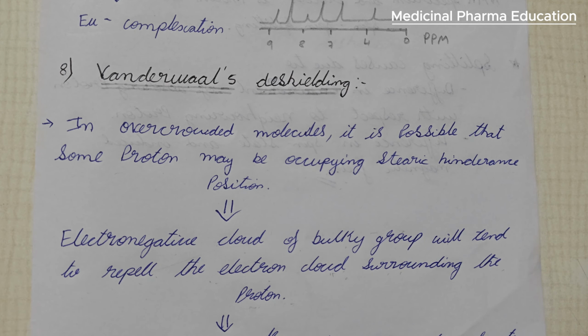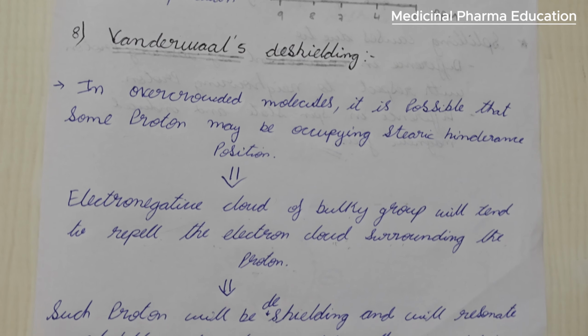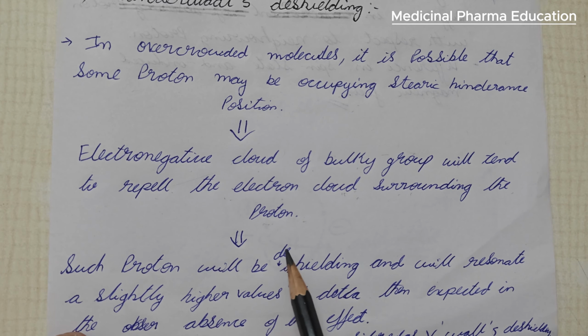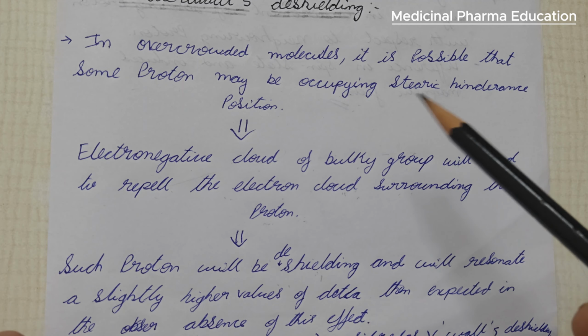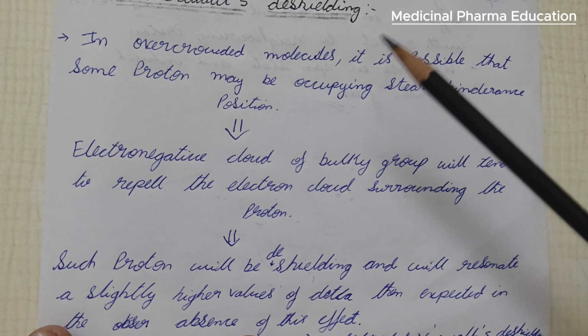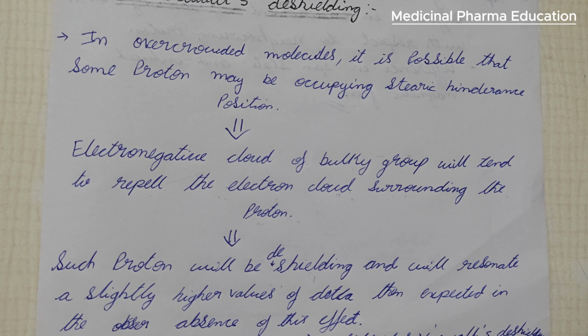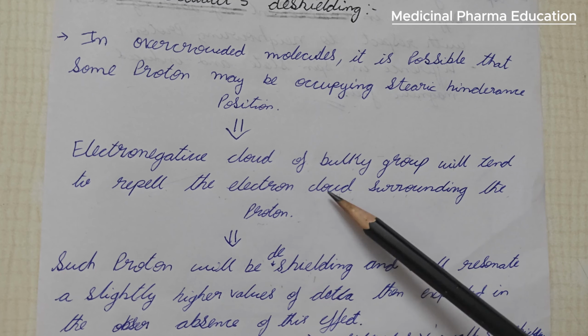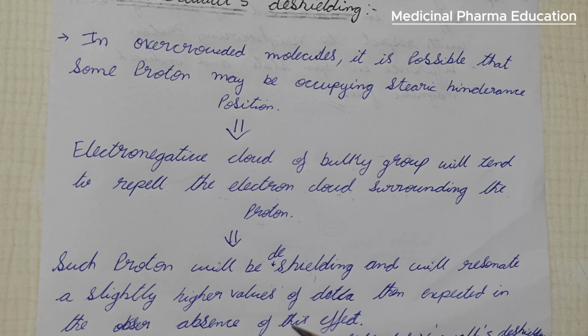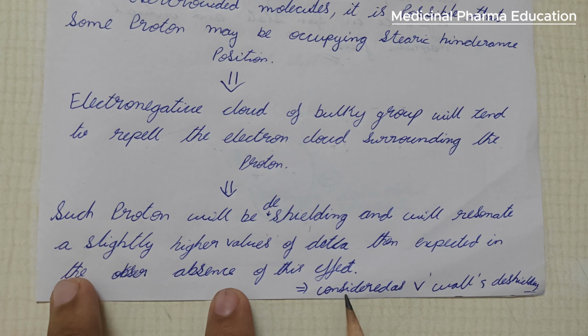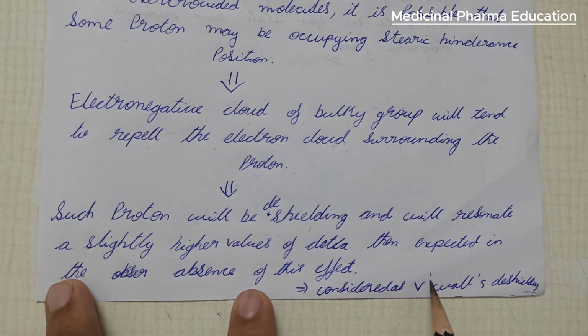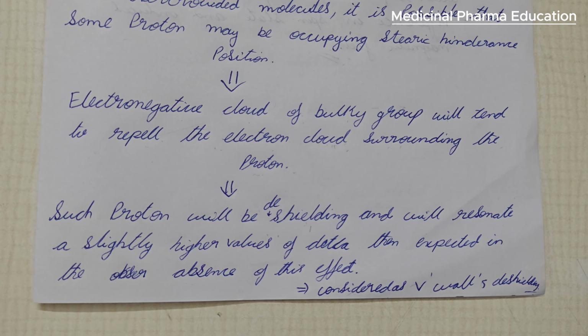These two repelling causes deshielding, which gives higher values of delta than expected in the absence of the effect. If this effect is not occurring, then the chemical shift values may be lower. When this effect is occurring, the chemical shift values are slightly higher. This is considered van der Waals deshielding.